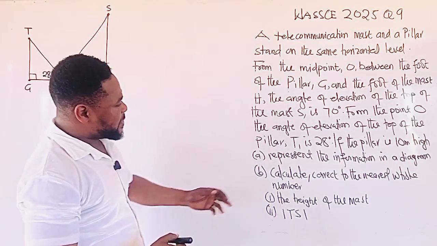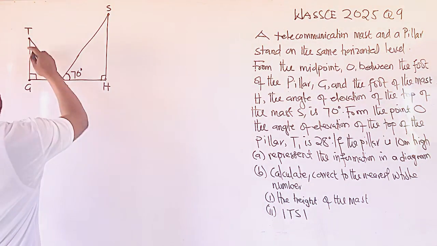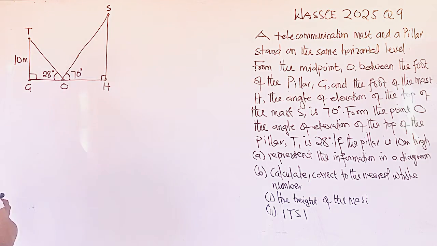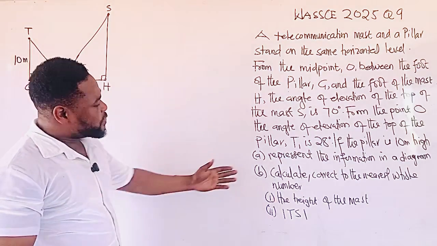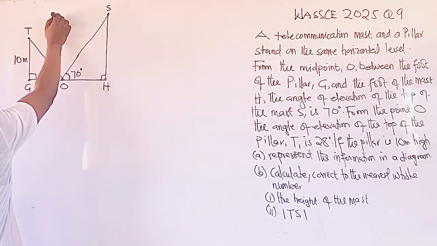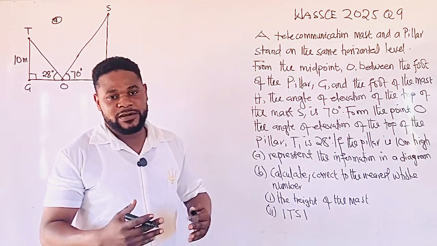And from the question, the height of the pillar is 10 meters. So TG will be the height of the pillar, so this is 10 meters. We have been asked to represent the information in a diagram, so this will be our A part. So this is the diagram that we have.